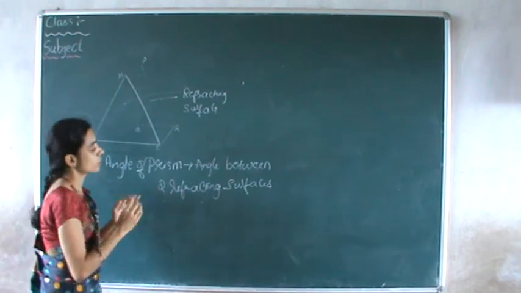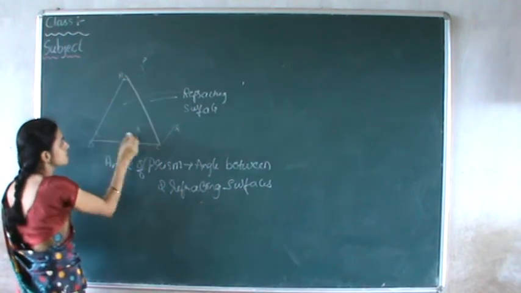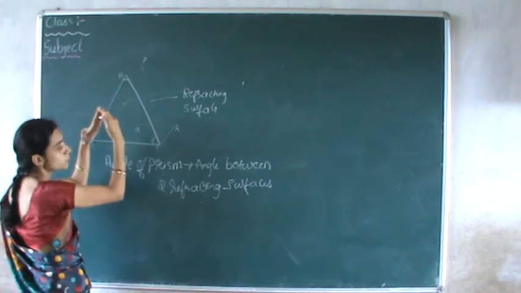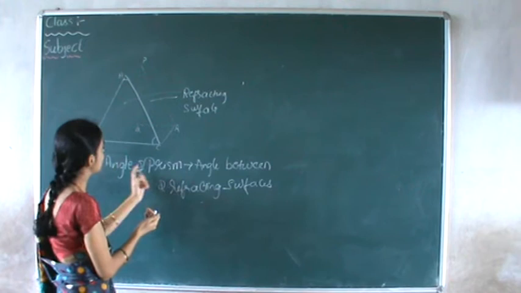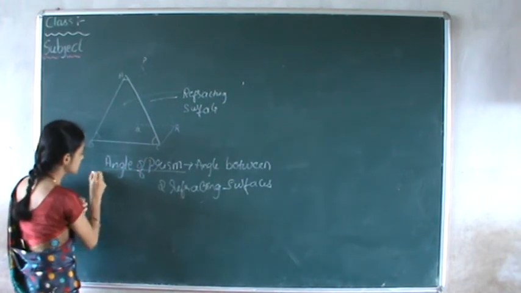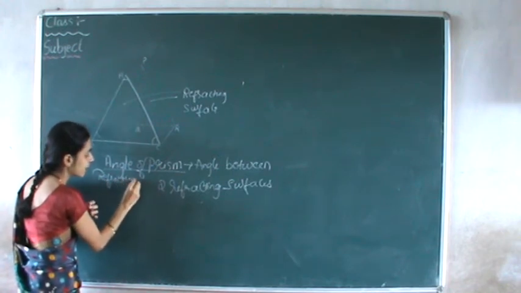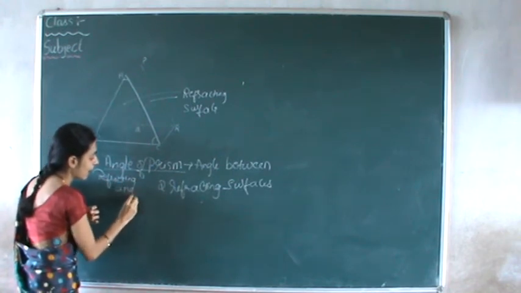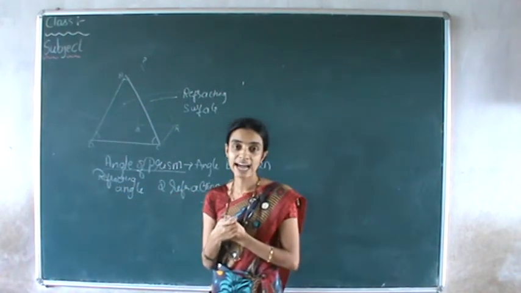The angle created by the two refracting surfaces is called the angle of the prism, or simply the refracting angle. Angle of the prism or refracting angle.